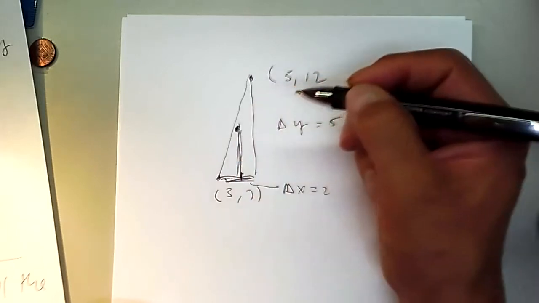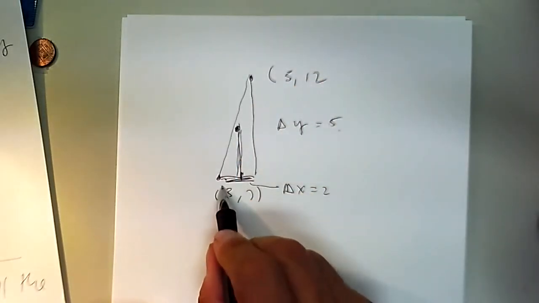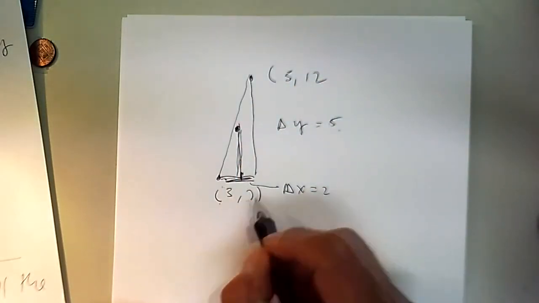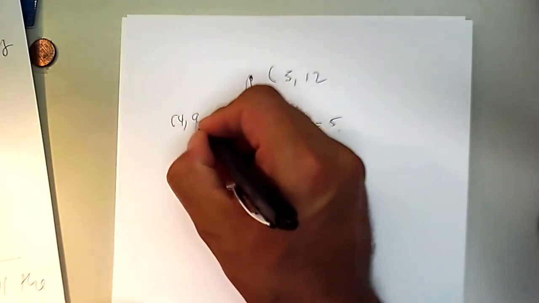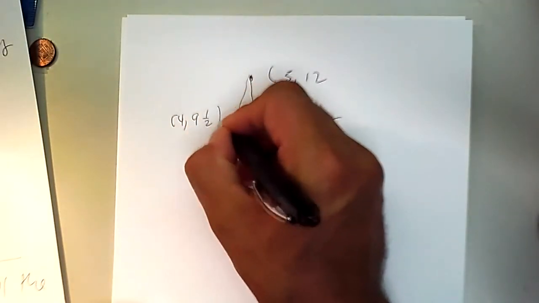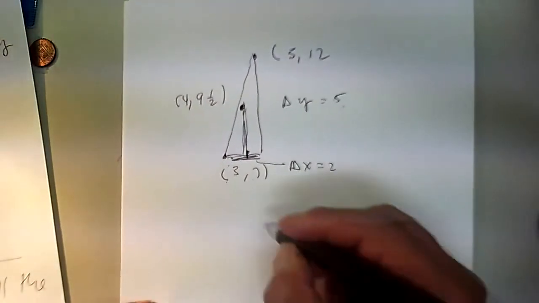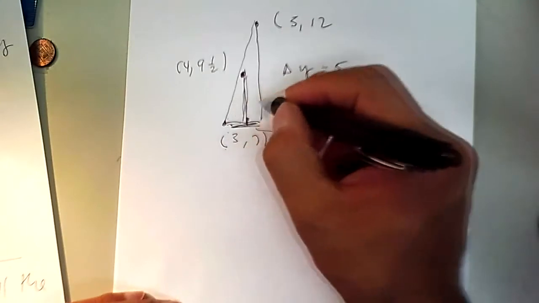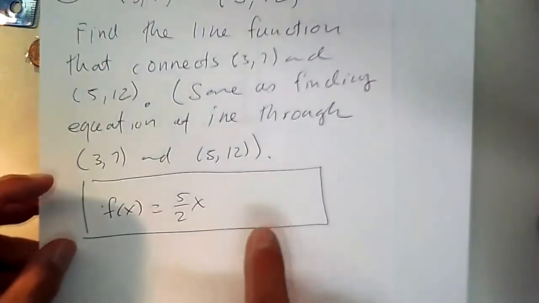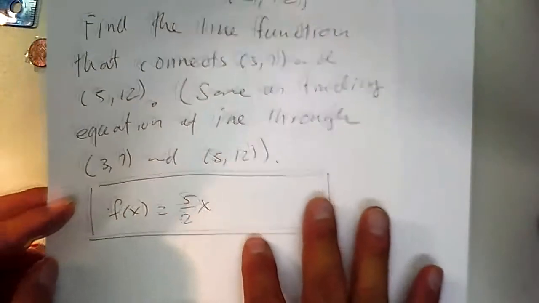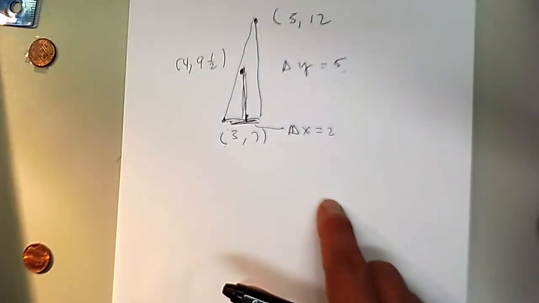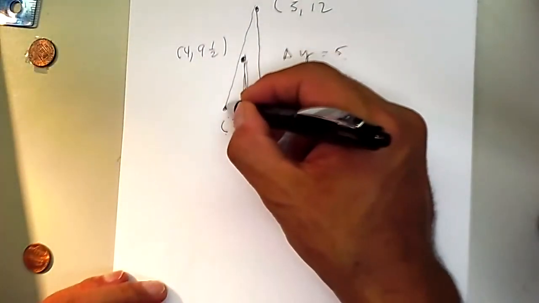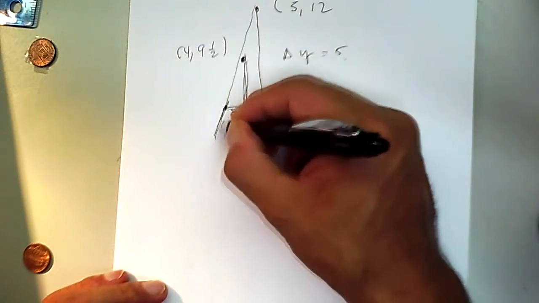So this point in the middle would have to be 4 and 2.5 more than 7. 4, 9.5. I'm going to keep fractions. Okay, so again, this is not the easiest way to come up with this number, but I'm doing that on purpose so that we understand what's going on a little better.